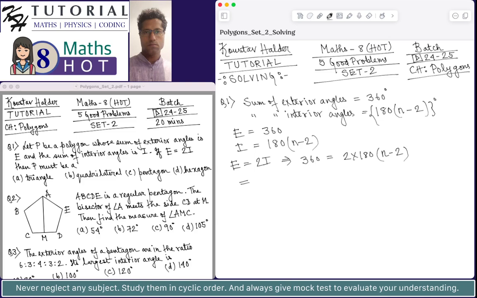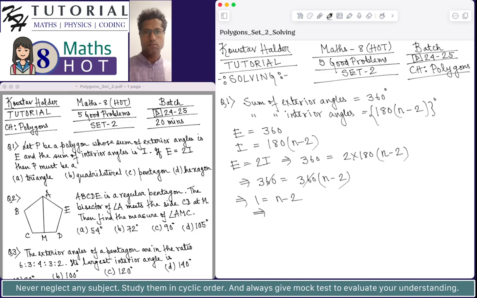Now if we simplify the equation, it becomes 360 is equal to 2 multiplied by 180, which is 360, multiplied by n minus 2. So we can cancel 360 from both sides, or you can say we can divide both sides of the equation by 360, and we get 1 is equal to n minus 2.